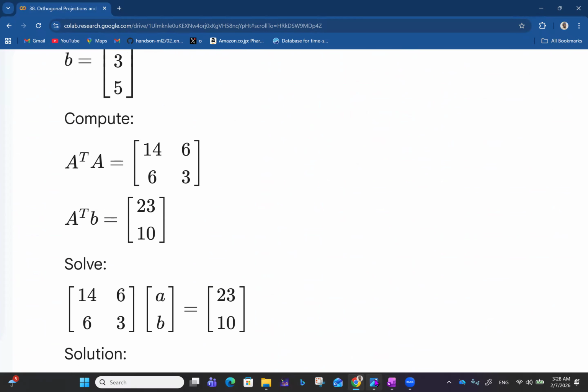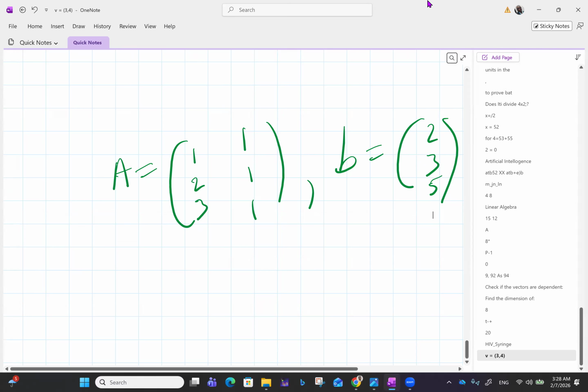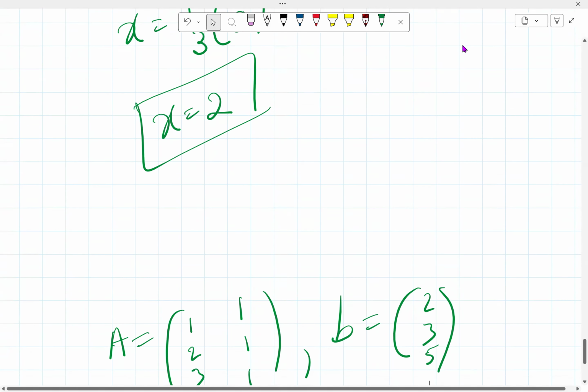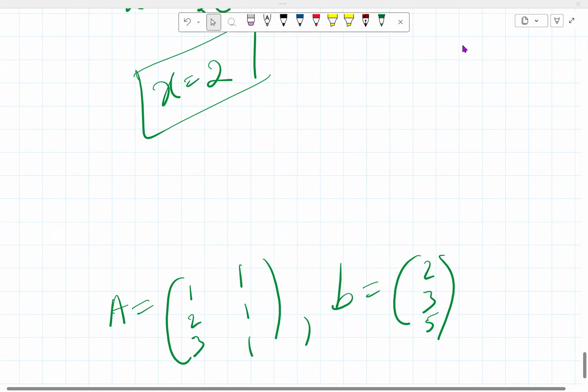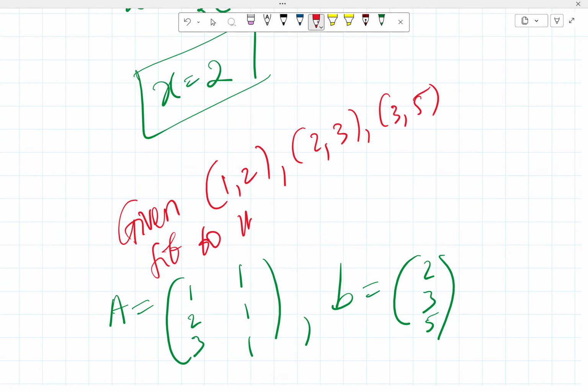Where that is coming from is, given the points (1, 2), (2, 3), (3, 5), fit to the line y equals ax plus b.